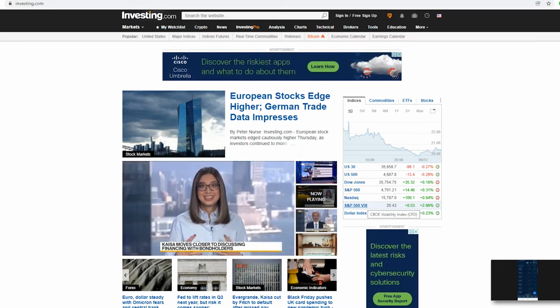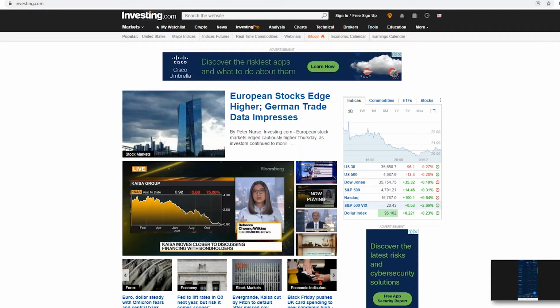So we see real quick, US dollar index is green. The US 500 VIX volatility index is showing increased fear on the markets. So when the US dollar is strengthening as a safe haven type currency, and fear is up nearly 3%, it's kind of a moderate increase in volatility, but it is up.